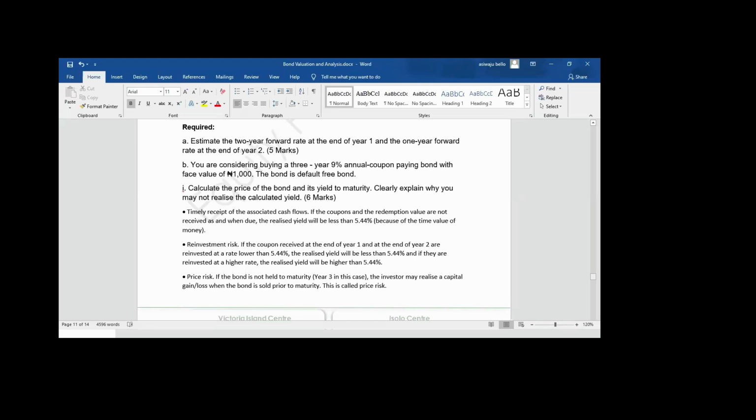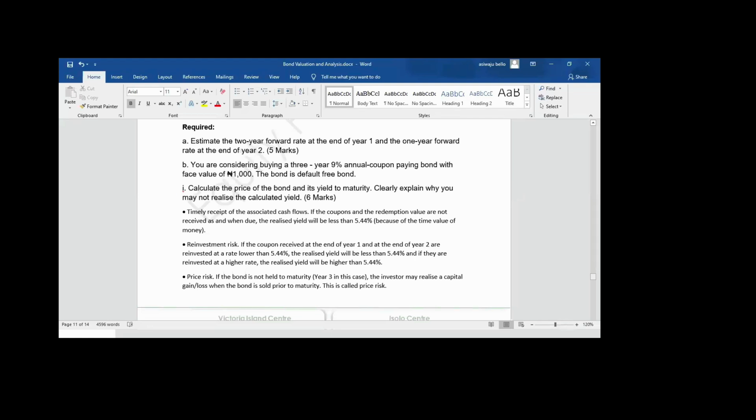Now, requirement B1 says, calculate the price of the bond and its yield to maturity. Clearly explain why you may not realize the calculated yield to maturity. We take that question again.